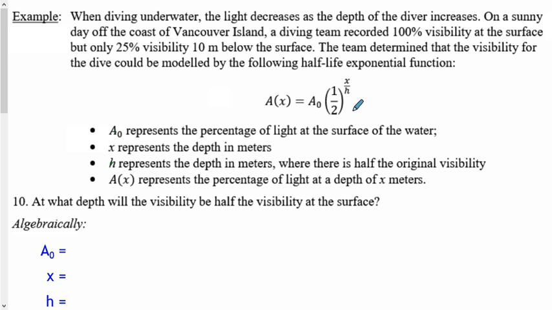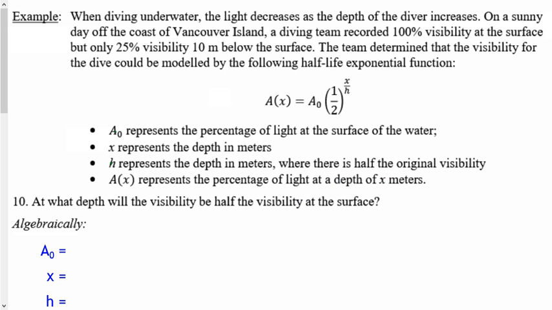And so that would be similar to a half-life type of situation, where in that question, the h was a 4, and the x could be a number of hours rather than a number of 4-hour periods. So that was that previous question. Back to this one. The A of x represents the percentage of light when we have a depth of x meters.